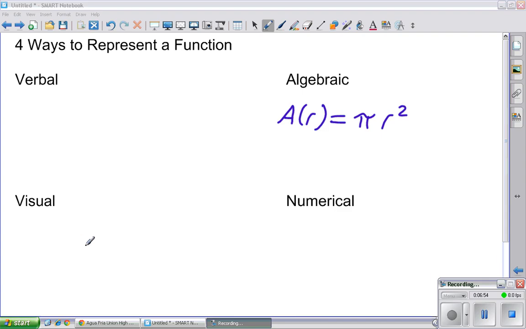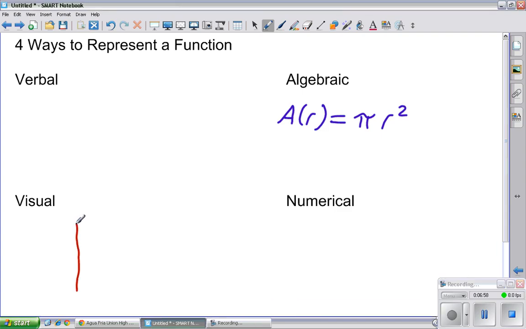A visual representation would just be like the graph, which for this same function would just be like a parabola. And that's a visual representation of the function. And for numerical, that means like a table.